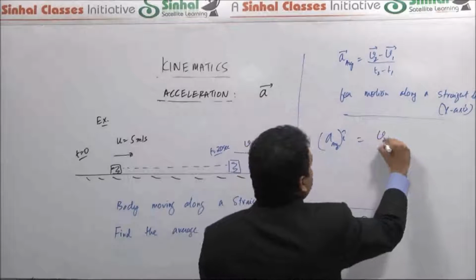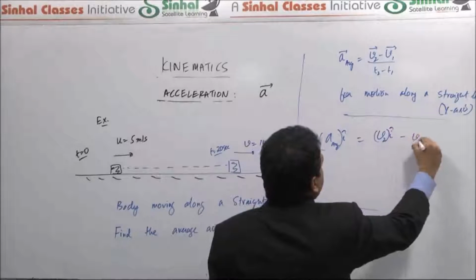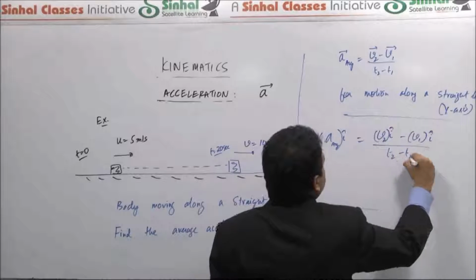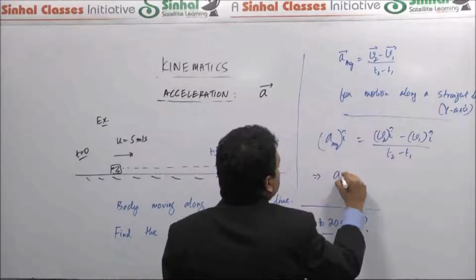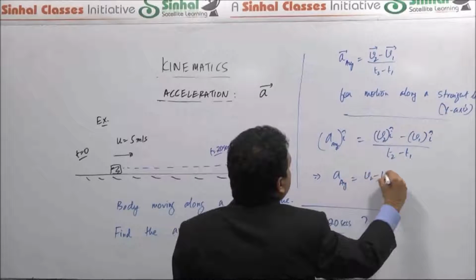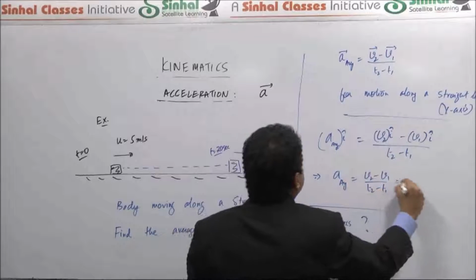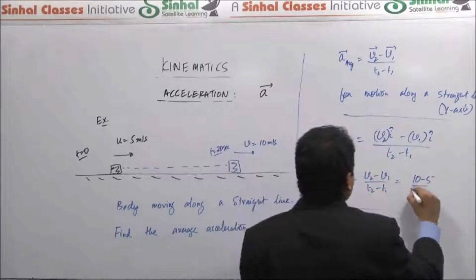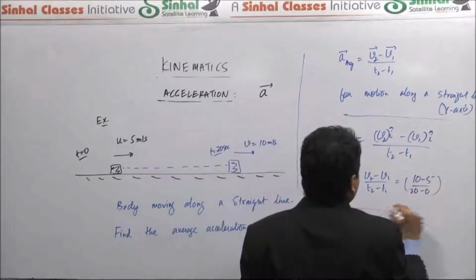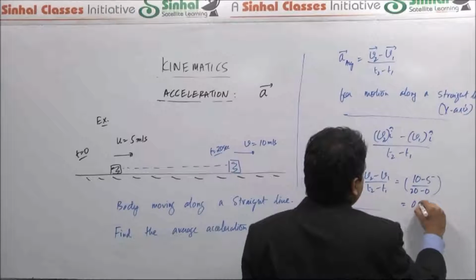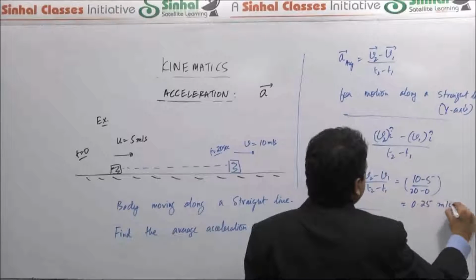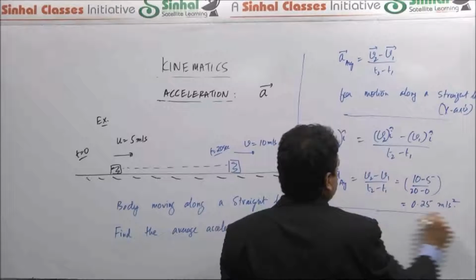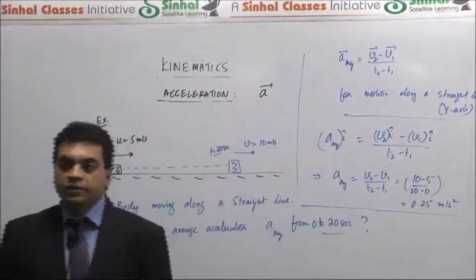So that would be v2 along the x-axis minus v1 along the x-axis divided by t2 minus t1. So the magnitude of the average acceleration in this case is v2 minus v1 upon t2 minus t1. So that is 10 minus 5 upon 20 minus 0. So that is 5 by 20 or 0.25 meters per second square. So that becomes the magnitude of the average acceleration.